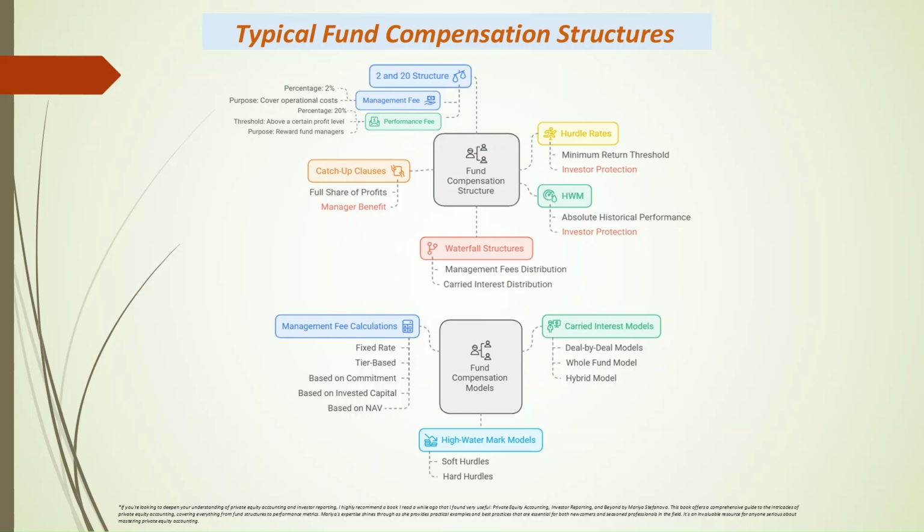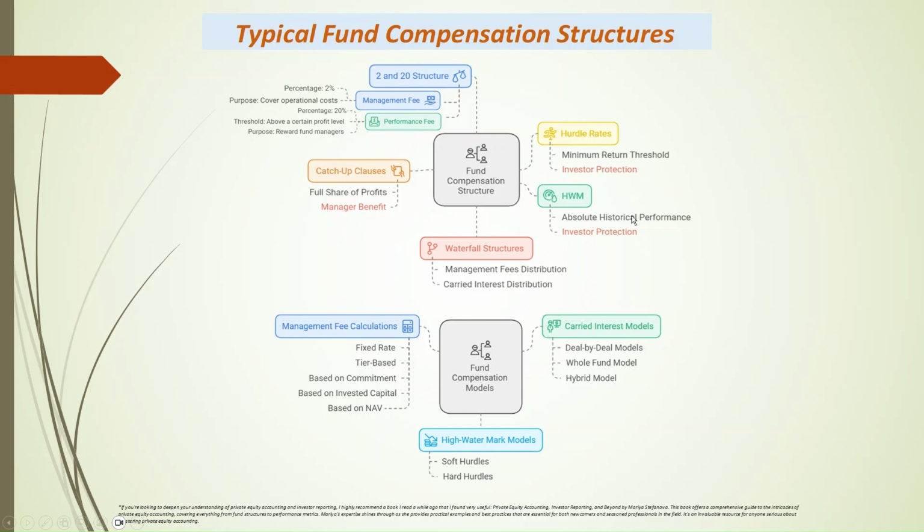Generally speaking, the 2 and 20 structure forms the basic compensation framework, while high watermarks, hurdle rate, and the catch-up modify how and when performance fees are paid. High watermark and hurdle rate protect investors by ensuring managers profit from outperformance.